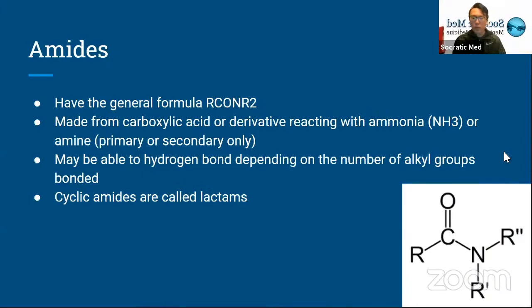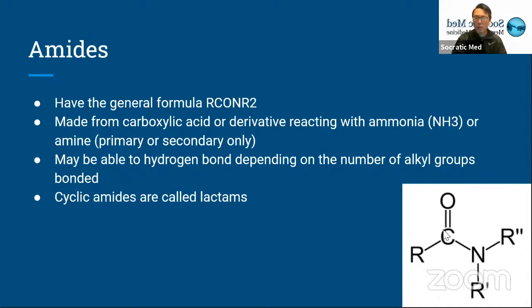So I'm going to go further into detail about the carboxylic acid derivatives. Amides usually have the general formula RCONR2. As you can see on the bottom right, that's the general structure of an amide.